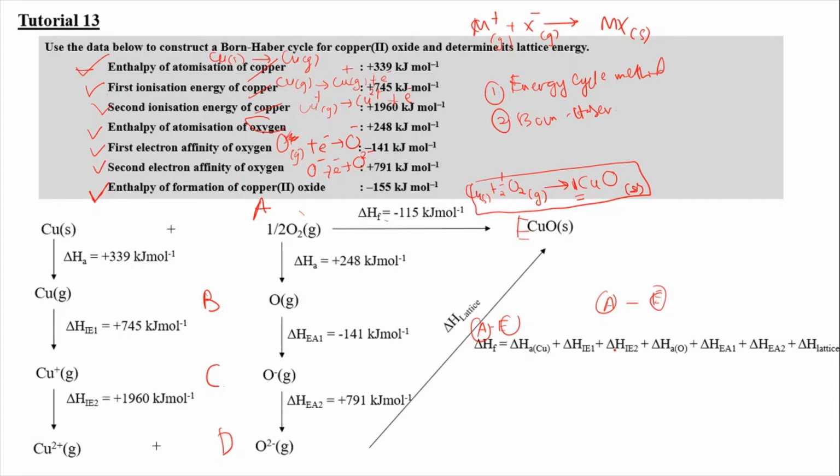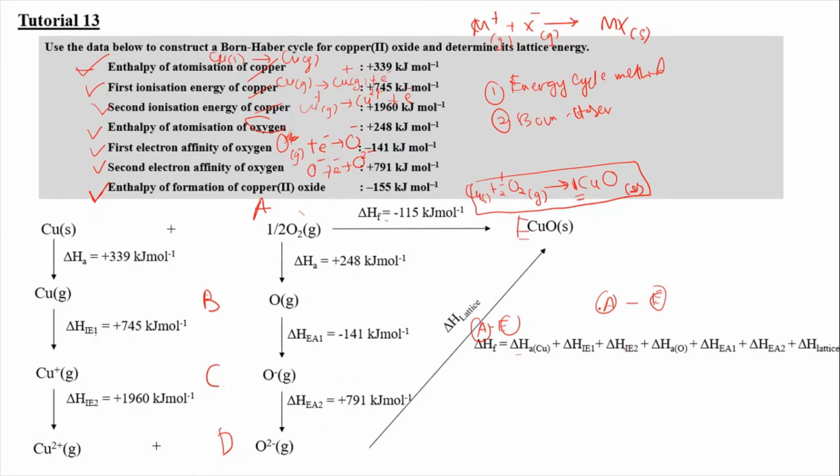So as long as the initial and the final are the same, it means that the enthalpy change is going to be the same. All right, so delta HF here is equal to the sum of HA of copper plus delta H of first ionization energy plus enthalpy change of second ionization energy plus enthalpy of atomization of oxygen, first electron affinity, and second electron affinity of oxygen plus the lattice enthalpy.